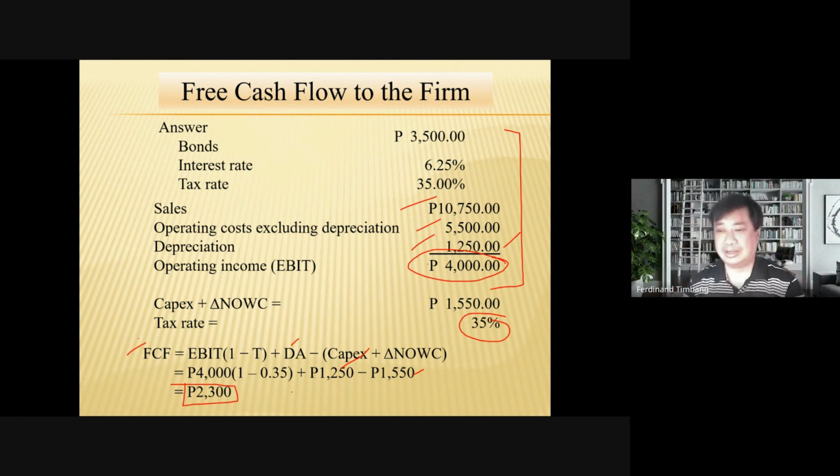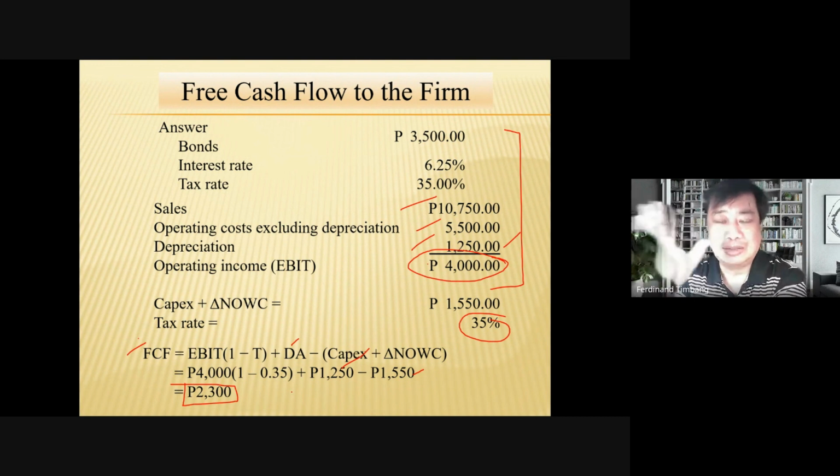So the 2,300 is the one, no, that can be issued as cash dividend without affecting the operations of the company. And then that can be also used to invest without affecting your operations. Anong pagkakaiba niya? Kasi sa statement of cash flow, that only shows the increase or decrease in cash for the particular period.